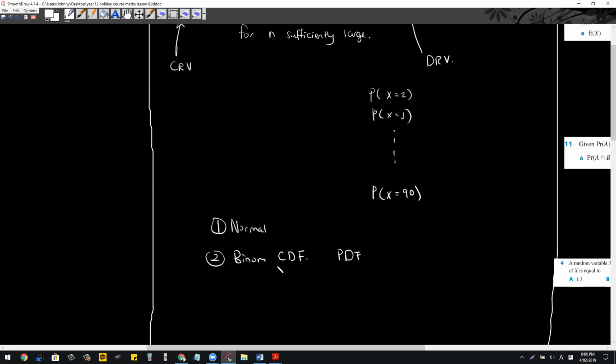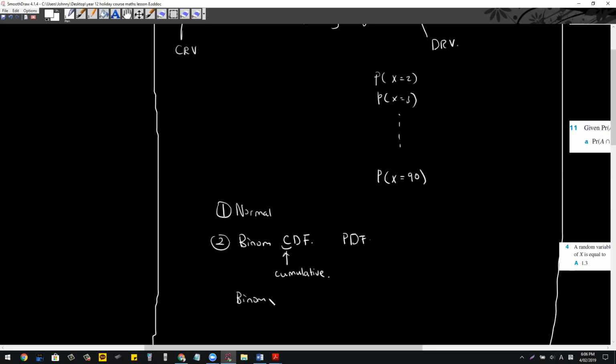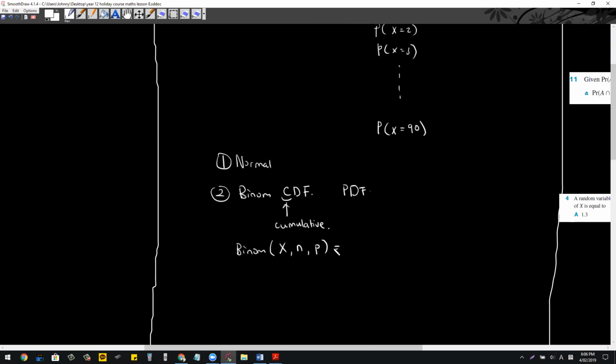So I don't think I properly explained this concept. The C in CDF represents cumulative. So for example, if I go for binom CDF in my calculator, and I enter X, then N and P, what that means is I'm calculating the probability that X is less than or equal to this number here.